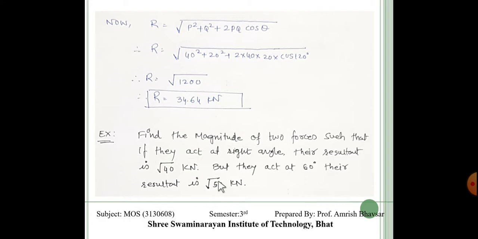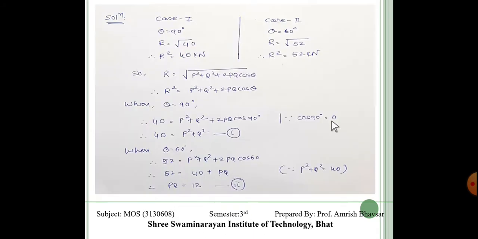So here we have two cases. In the first case, the angle between the two forces is 90 degree, and in the second case, the angle between the two forces is 60 degree. In the first case, R is equal to under root of 40, so R square is equal to 40 kilonewton, and in the second case, R is equal to under root of 52, so R square is equal to 52 kilonewton.